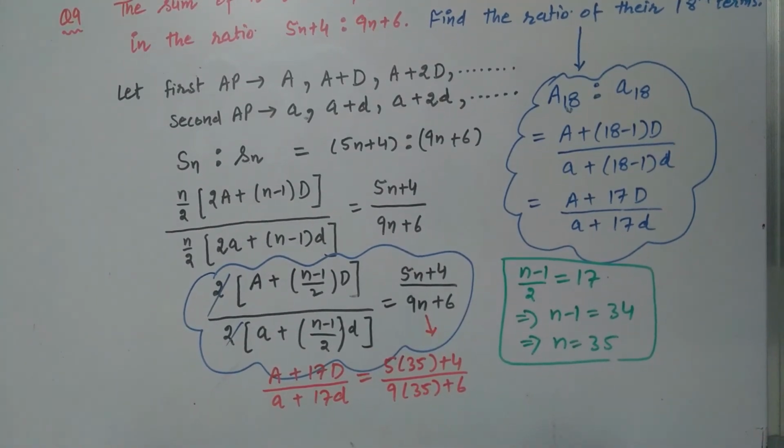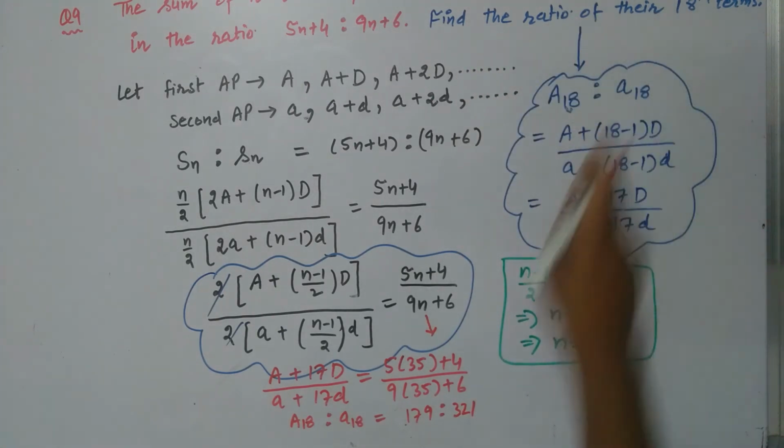So the left hand side becomes the 18th term of first AP, A18 ratio small a18, is equal to 5 into 35, 5 into 5 is 25, 25 plus 4 is 29, 5 into 3 is 15, 16, 17, so 179, ratio 9 into 5 is 45, 45 plus 6 is 51, 9 into 3 is 27, 27 plus 4 is 31, so 321. 179 ratio 321.